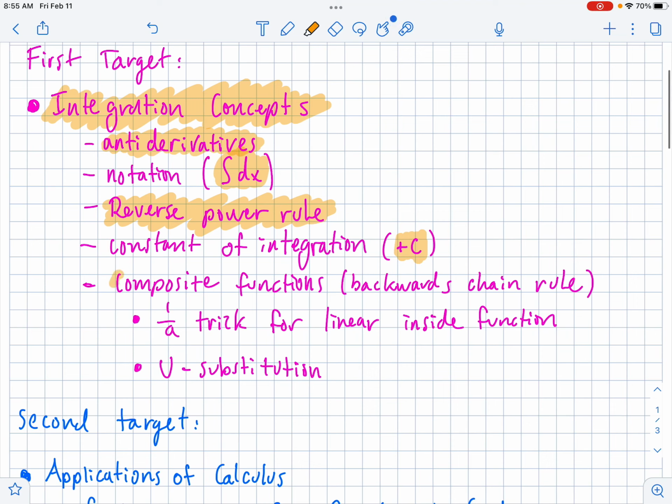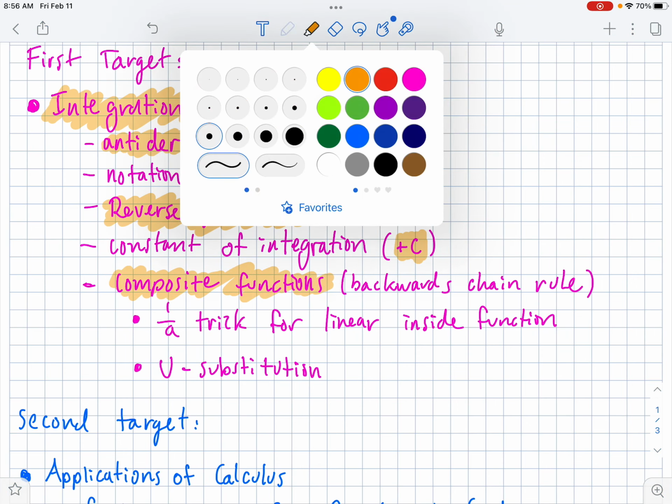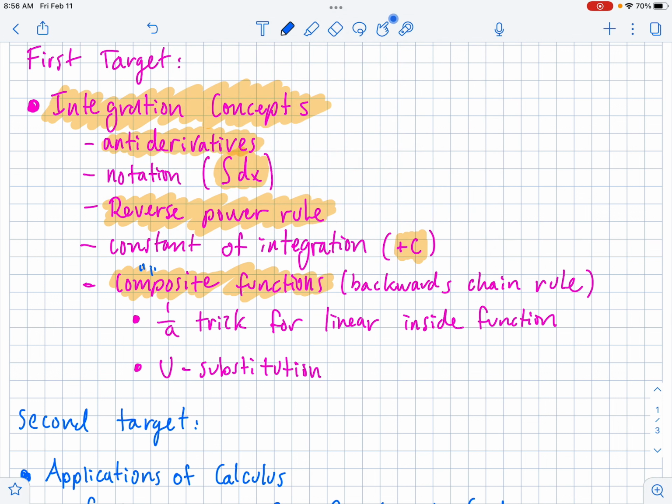We also learned how to do composite functions. Remember, composite means that there's an inside function. So we'll put a little note that there's an inside function. It's a backwards chain rule, essentially. So when the inside equation is linear, it's not too bad because you just have to multiply the outside of your integration by 1 over a, being the coefficient on the x inside the linear function.